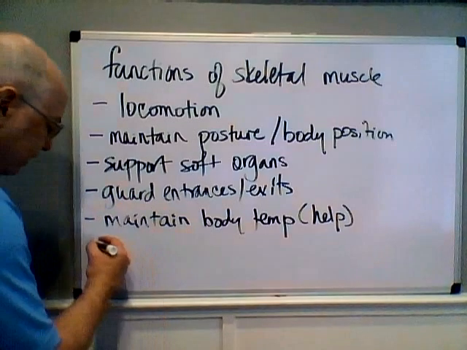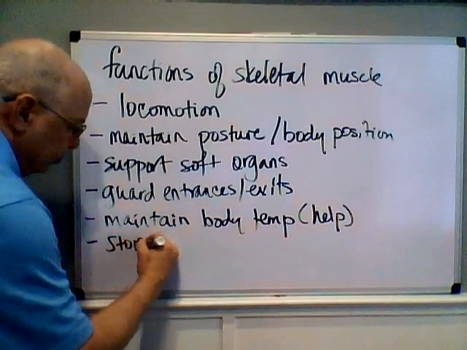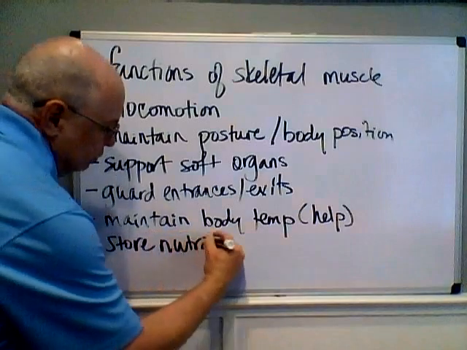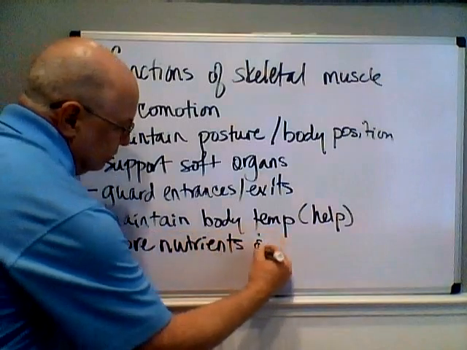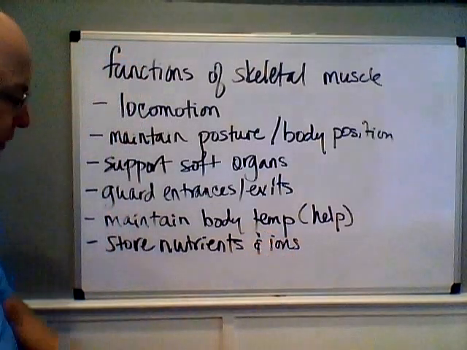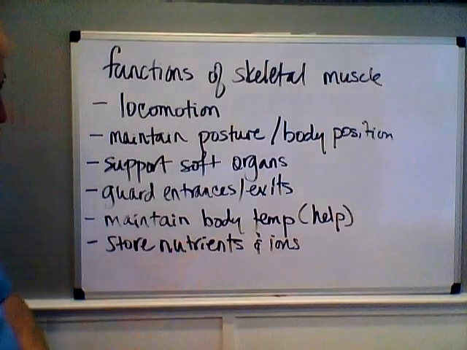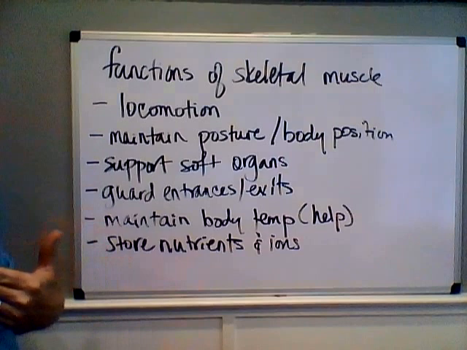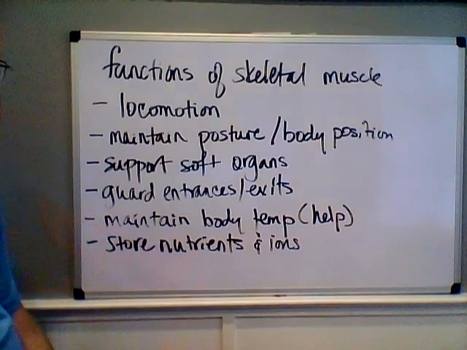And finally, muscles can store nutrients and ions. We don't think a lot about this, but muscle is filled with glycogen. We haven't talked a lot about this in part 1 A&P, but when we eat sugar, glucose, one of the primary types of sugar that our cells burn for energy, and we eat too much, we don't lose it.